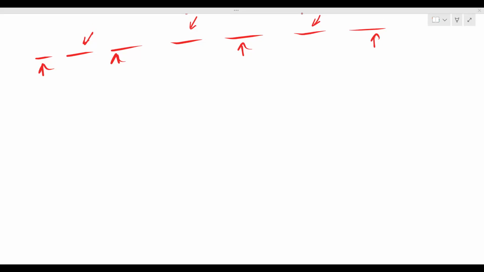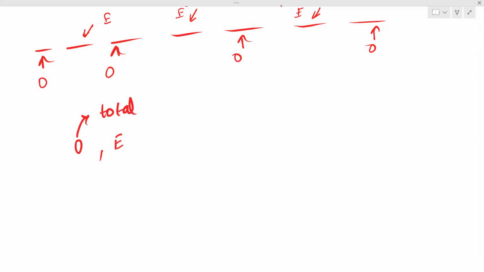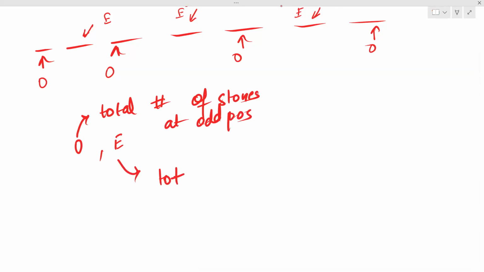So what do we get from this? Let's say the total number of stones at even places is E, and the total number of stones in odd places is O. O is the total number of stones at odd indices, odd positions, and E is the total number of stones at even positions.